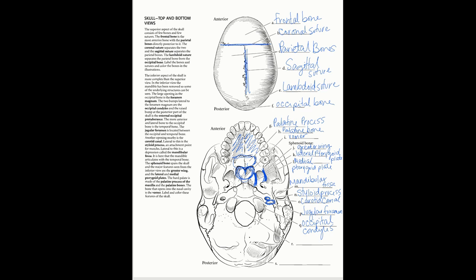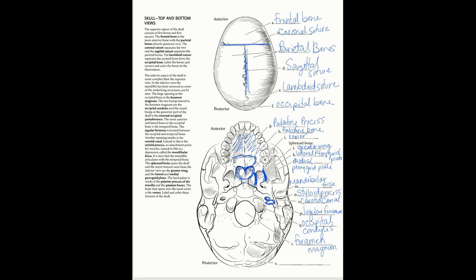R is called the foramen magnum. In other words, it's the big hole. And this is where we're going to have our spinal cord pass through. So that's super important.